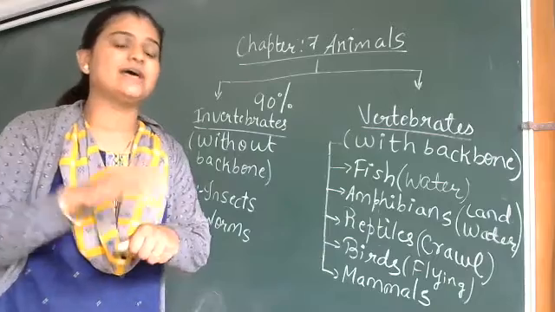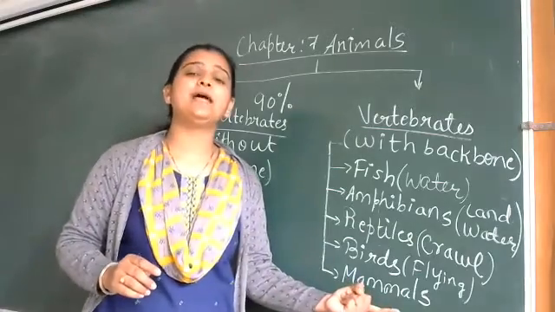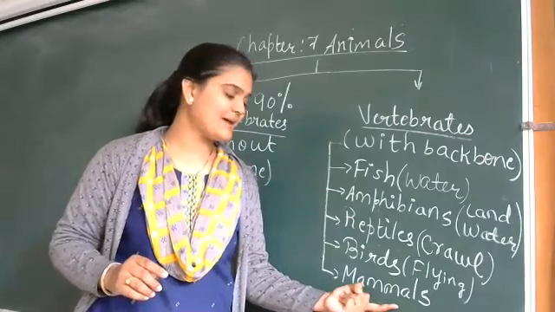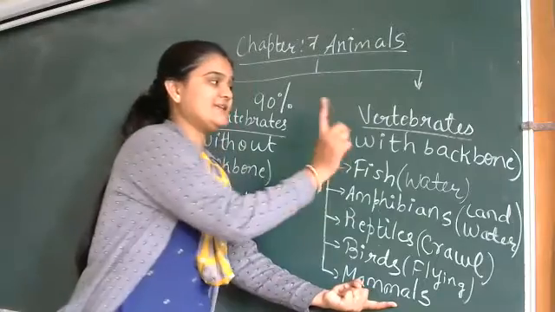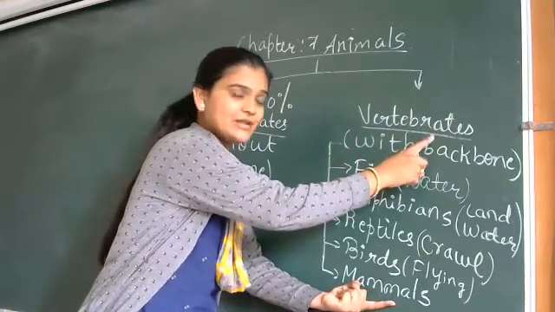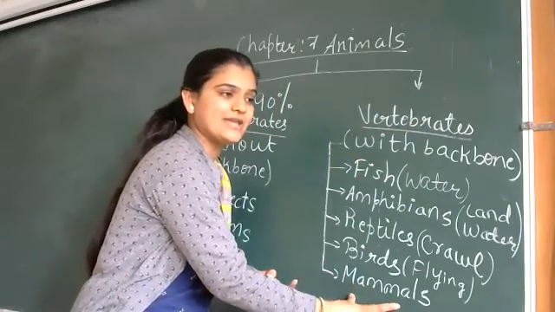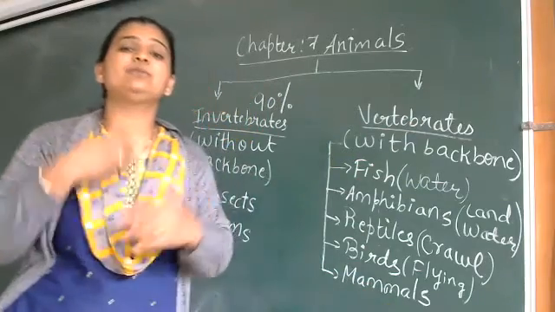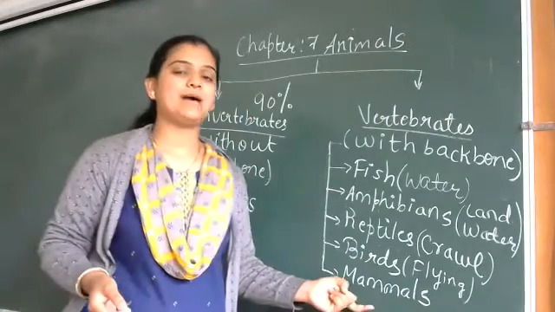Yes, human beings will come under mammals. We are included in mammals. First we are vertebrates, and in that we are included in mammals, and we have the capacity to give birth to the young ones. So that is mammals.